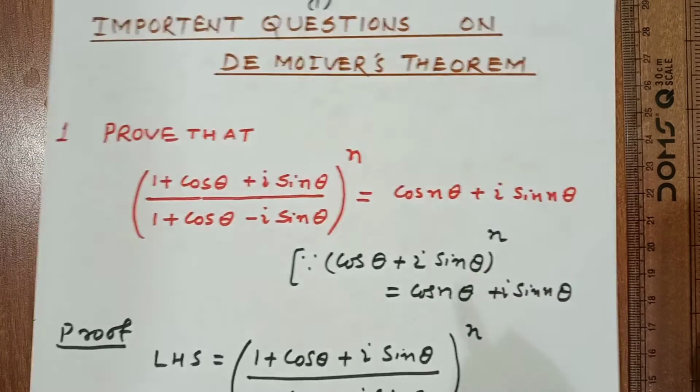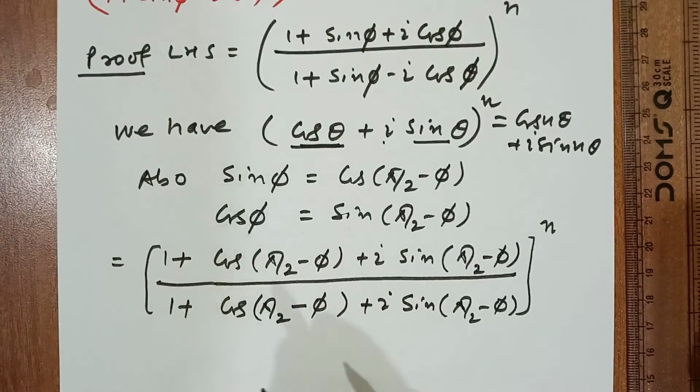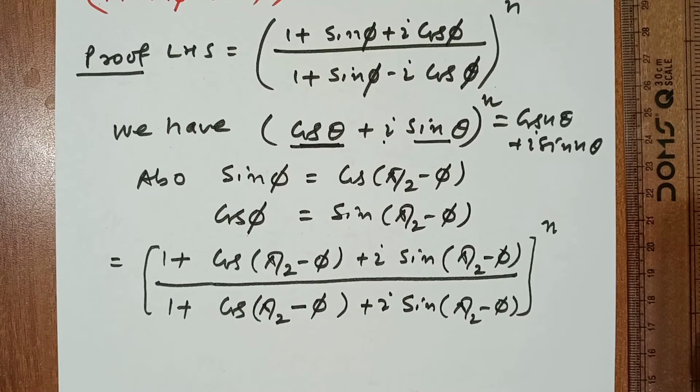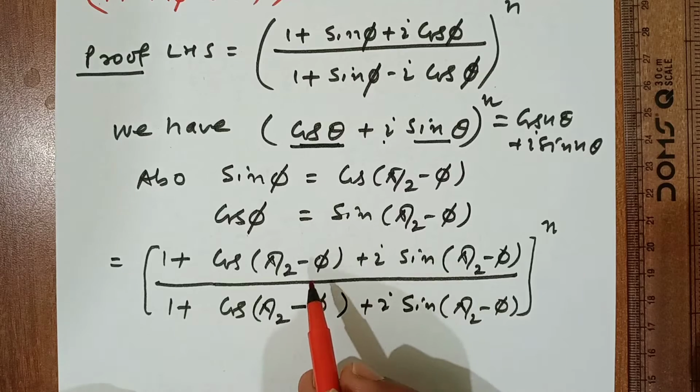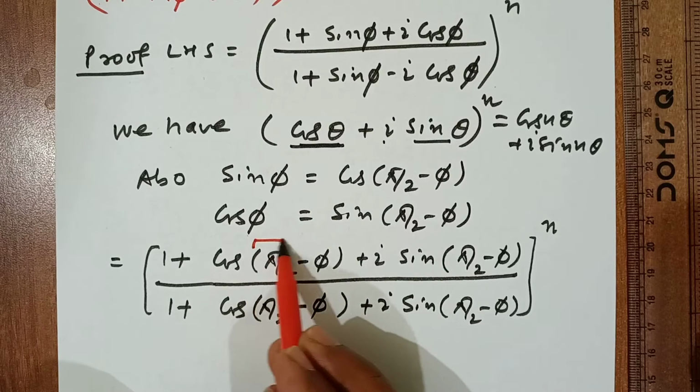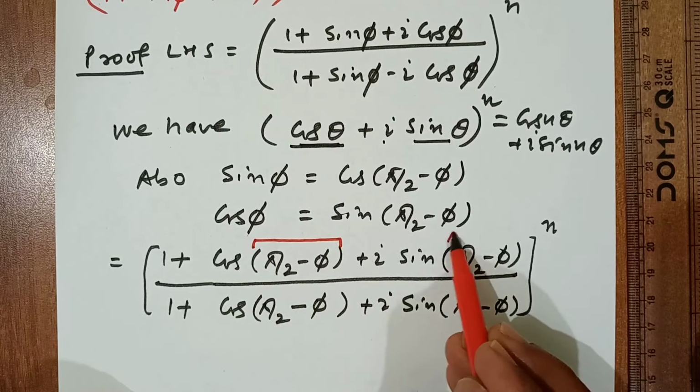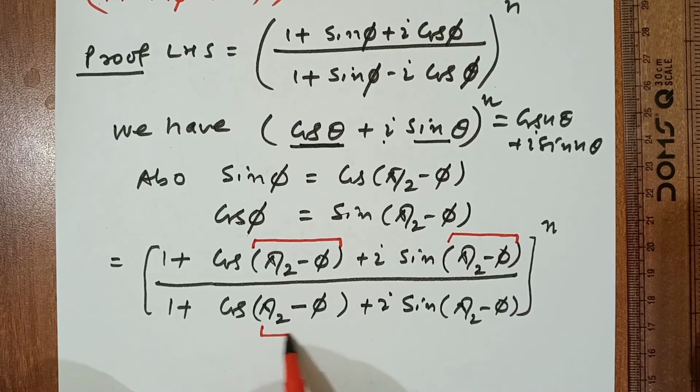So this is the same question: if we put pi by 2 minus phi as theta, this is theta.